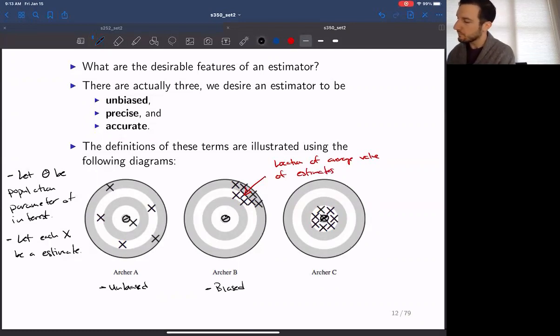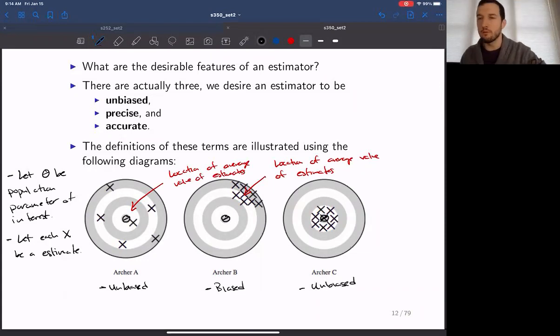Okay. And then in contrast here, this would be the location of the average value of estimates. All right. And then for Archer C, this again, like Archer A, would be unbiased.